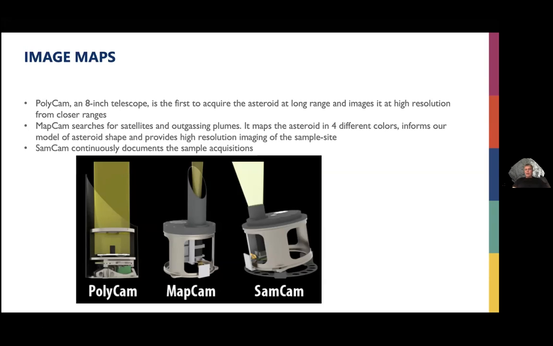And then MapCam is kind of that intermediate range, and it produced color images of the asteroid while we were in orbit. And then SamCam was all about imaging during the TAG collection, and then looking also at the sampling device to assess how much sample we got.